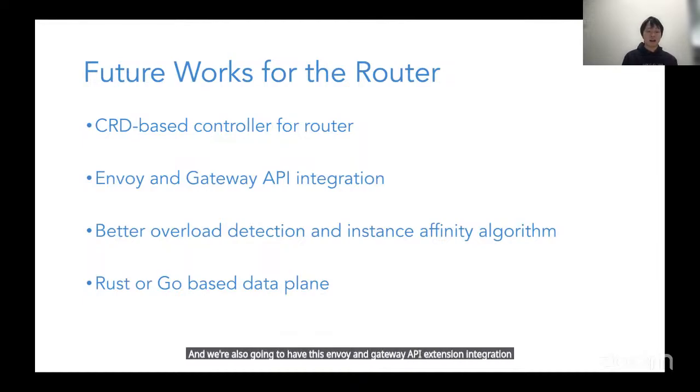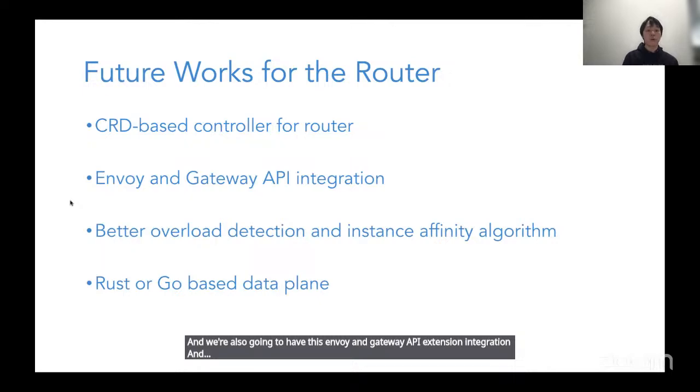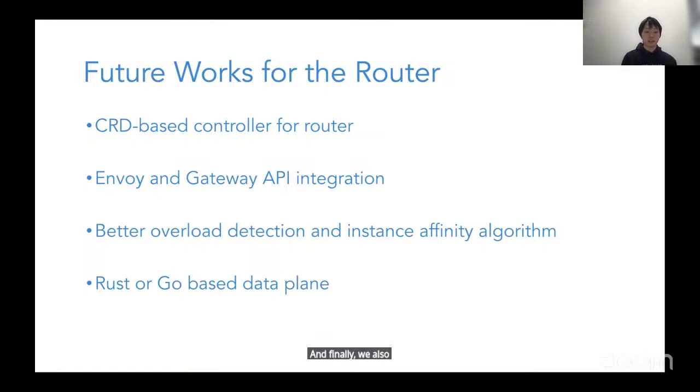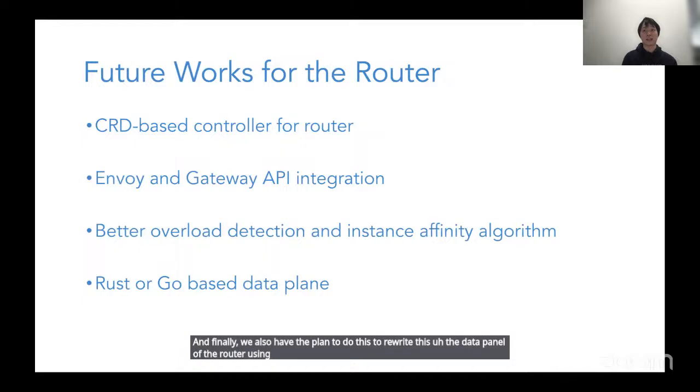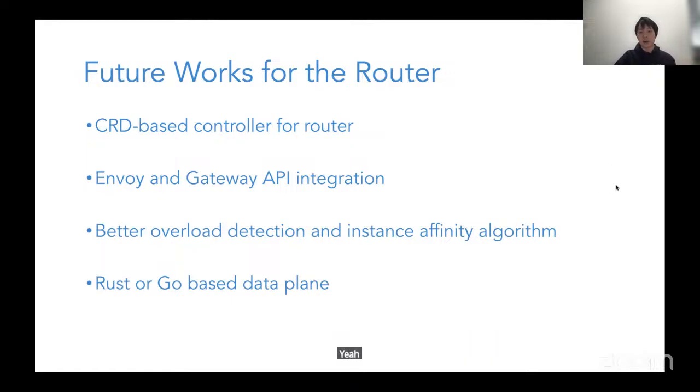And we are always trying to come up with better overload detection and instance affinity algorithms for smarter routing logic. And finally, we also plan to rewrite the data plane of the router using Rust or Go, more efficient programming languages. Yeah, and that's almost all about the router.